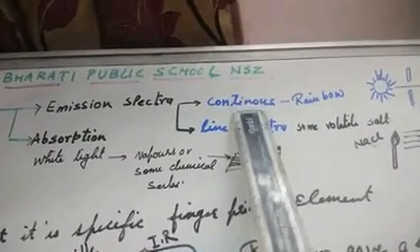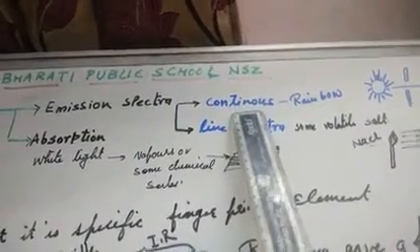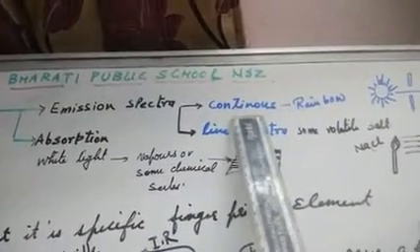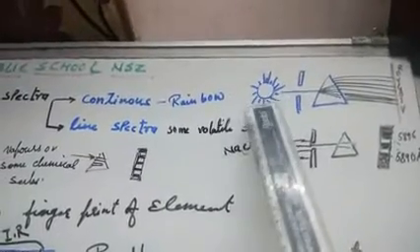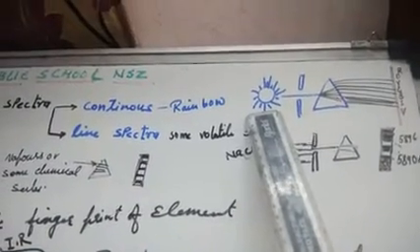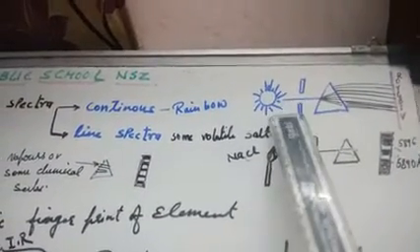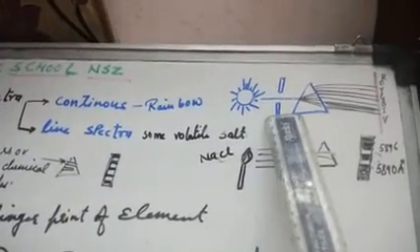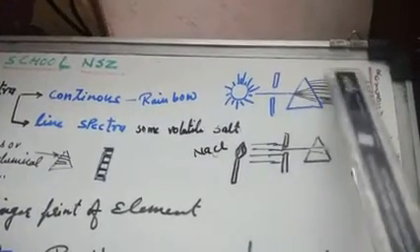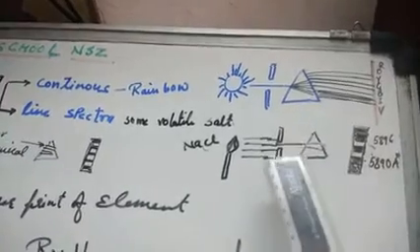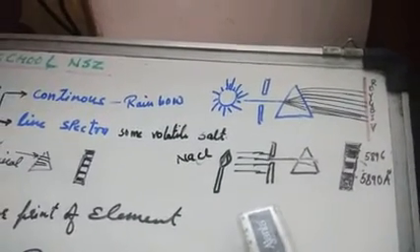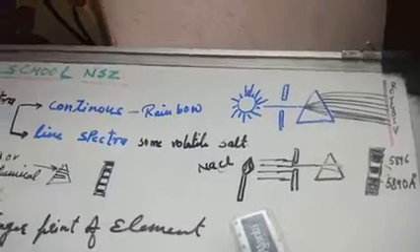What do we mean by continuous spectra? Continuous, rainbow comes in it. Here I have drawn a figure, students, you can see. Like sunlight or the white light, when passed through a slit on a prism, it splits into different colors and Vibgyor is observed. Like in case of rainbow.